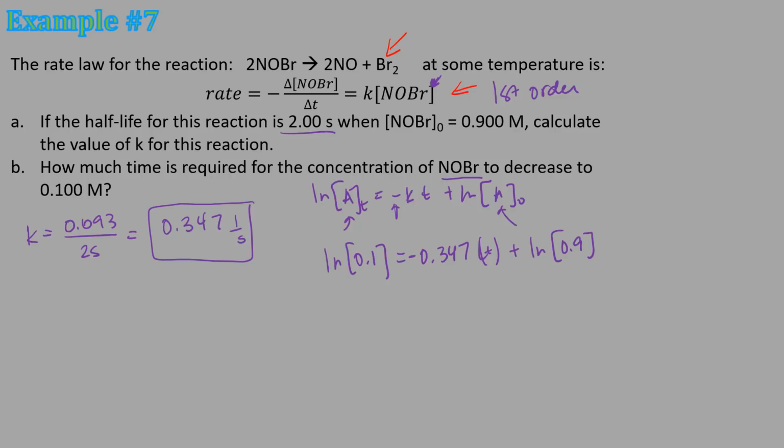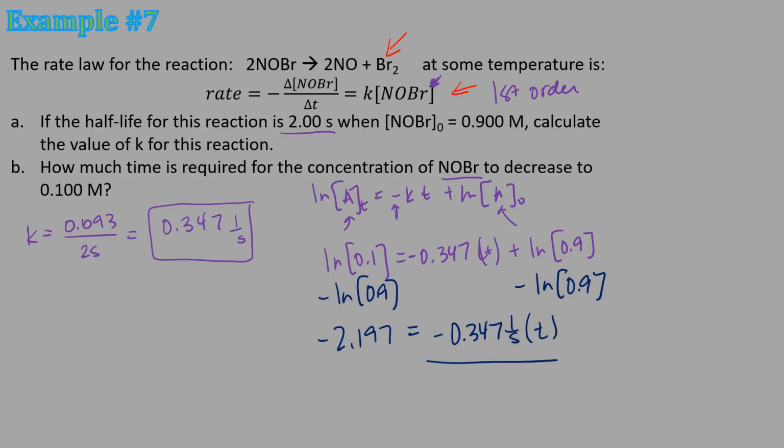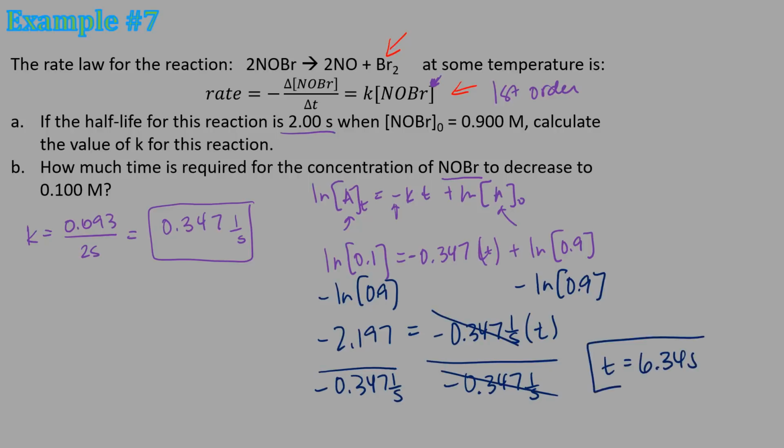All right, so if I bring this over, I end up getting negative 2.197 is equal to negative 0.347 times t, divide both sides, and my time is equal to 6.34 seconds.